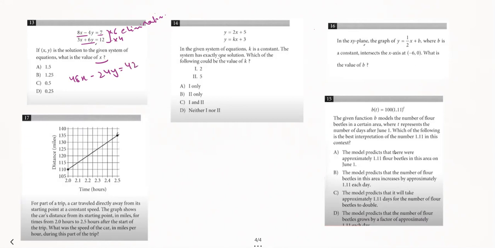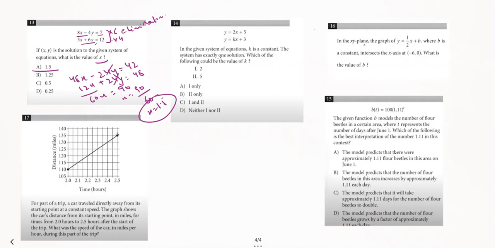The other is 3 times 12x plus 24y is equal to 12 times 4, which is 48. These two cancel. We are getting 60x is equivalent to 90. So x is 90 upon 60, which is 1.5.